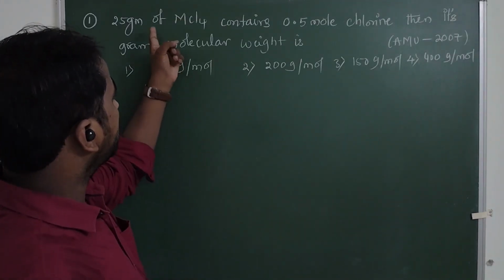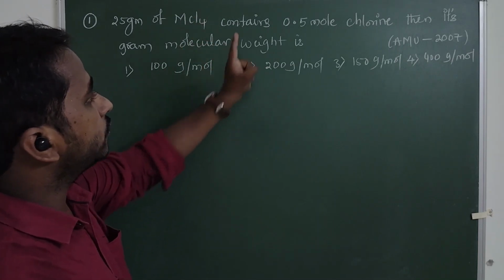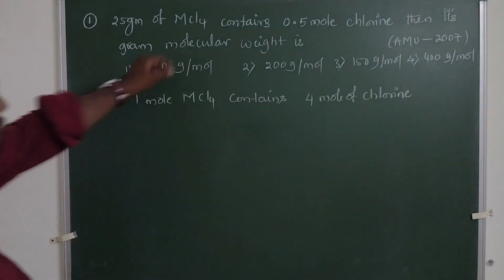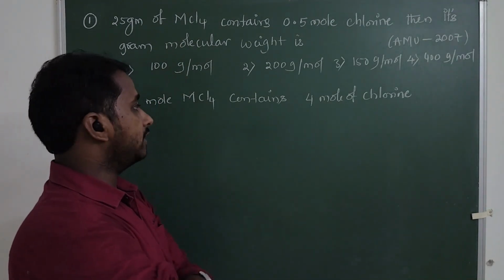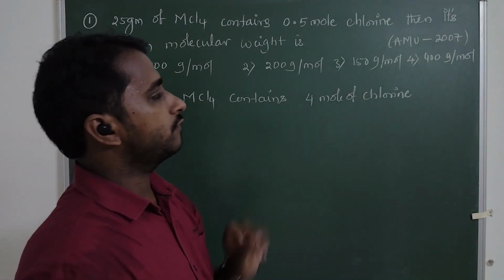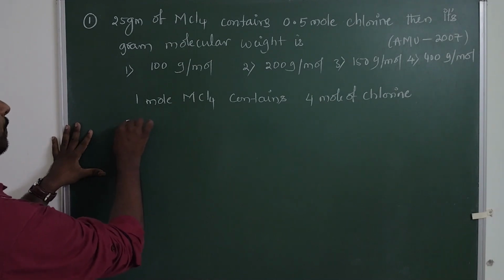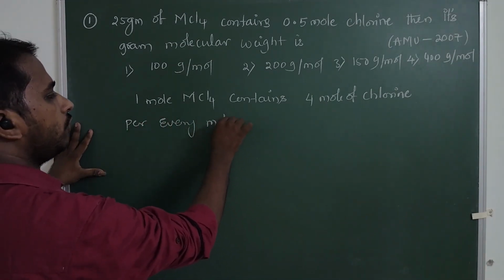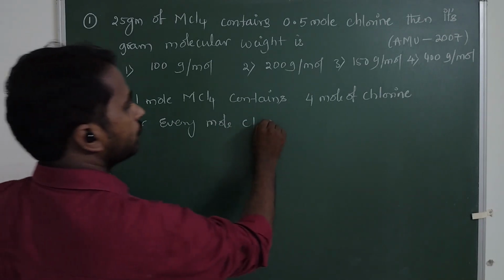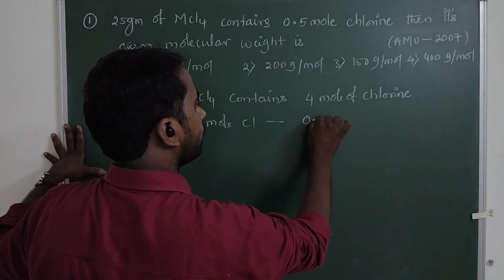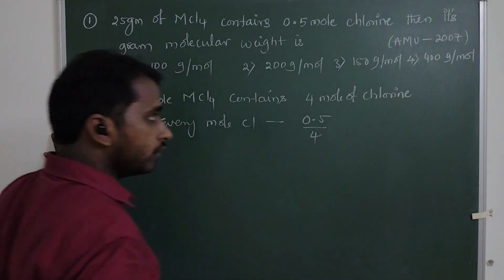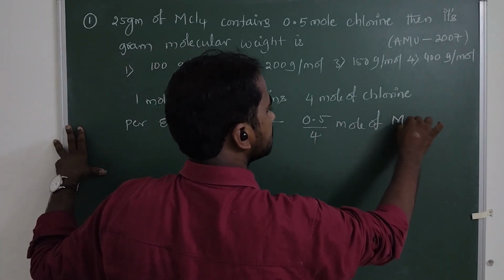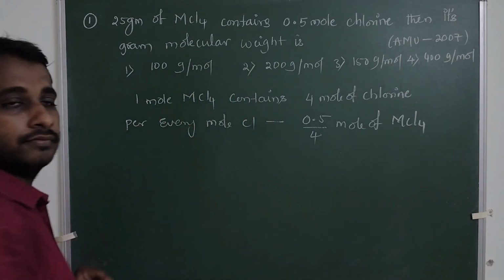Question is 25 grams of MCl4 contains 0.5 mole chlorine. Here 1 mole of MCl4 contains 4 moles of chlorine. So I can write per every mole of chlorine, we have 0.5 by 4 moles of MCl4 molecule, right?